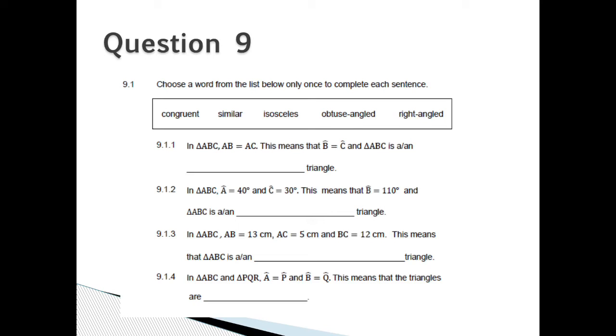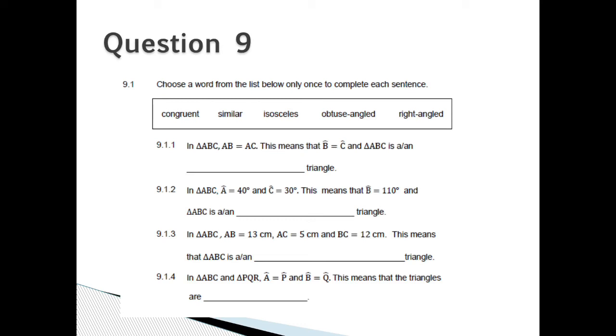Question 9.1.3. In triangle ABC, AB is equal to 13 centimeters, AC is equal to 5 centimeters, and BC is equal to 12 centimeters. This means that triangle ABC is a or an what triangle? 9.1.4.